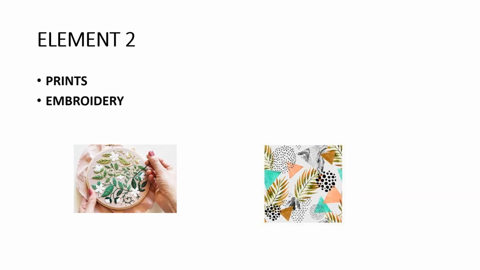So all printings are there under this element 2. Different embroideries are also covered under that. Different embroidery threads are used in the garment, okay. Different types of embroidery are used. Different types of prints, whether it's digital printing, okay, or normal printing. So all these printing areas are covered in element 2 of the product.